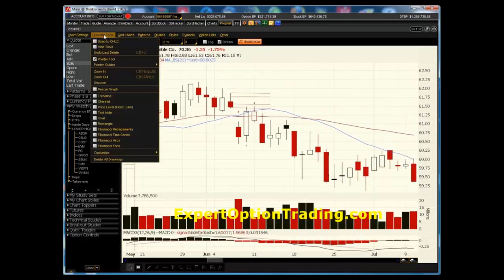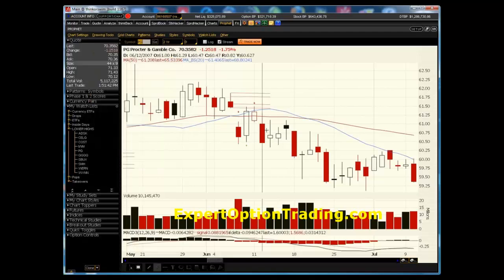Here's a losing one. I'll pick out a loser for you. I don't think I would have traded this because the prior day was kind of an odd small body day. I like large real bodies in my candlesticks prior to my inside day. But this one in particular would have gotten filled on your long side here.